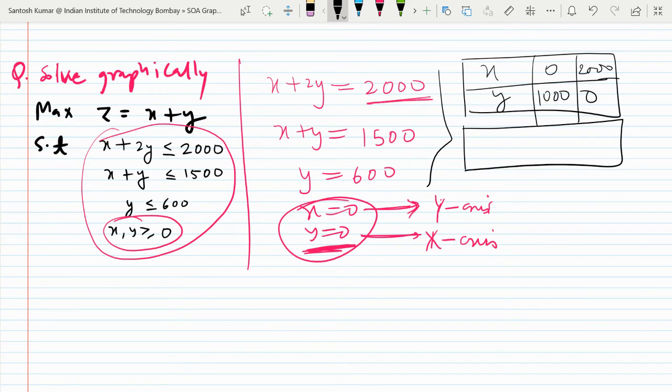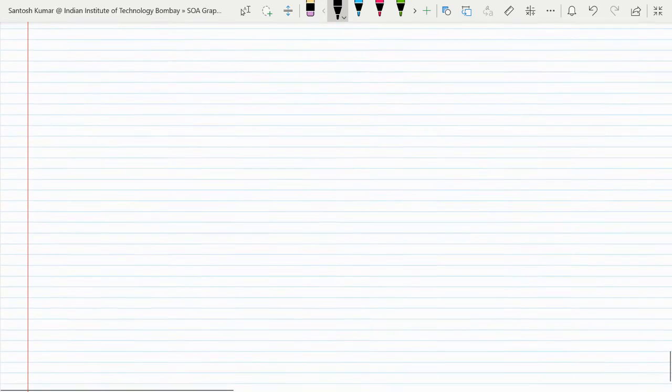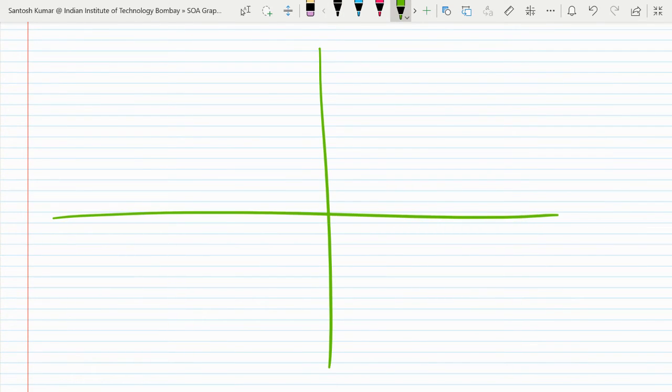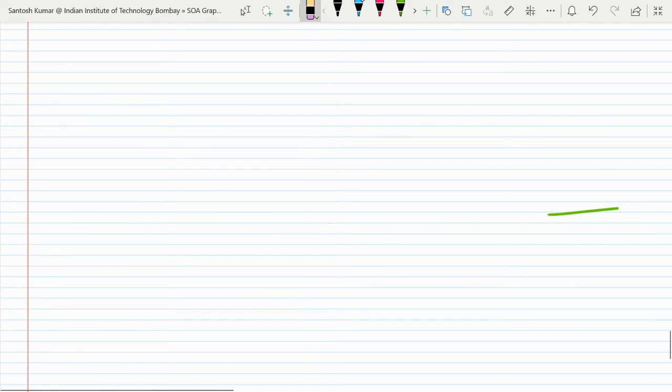For the second line: x is 0, y is 1500; y is 0, x is 1500. The third is very obvious, so you don't have to make a table. Just go to the y-axis, select 600, and draw the line parallel to the x-axis. Let me draw it. The negative side will not be needed, so let me draw like this.